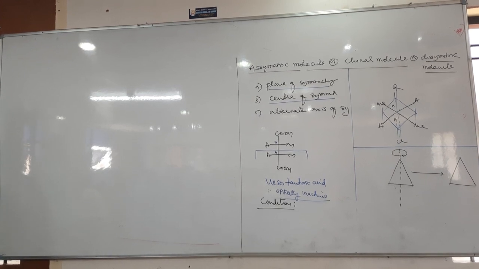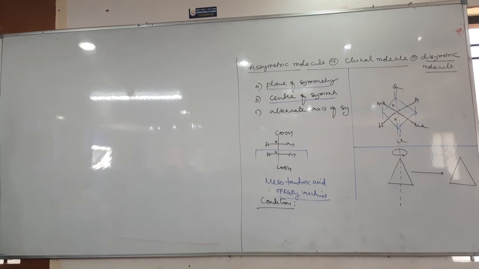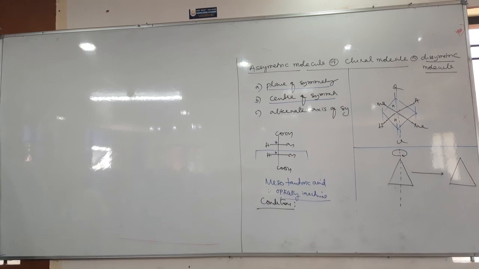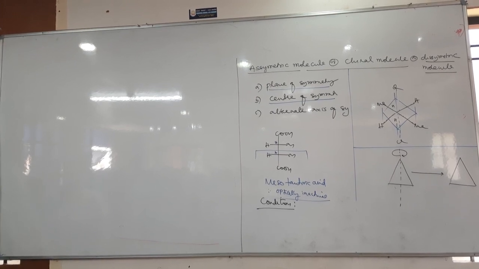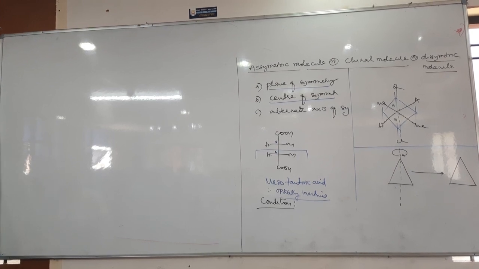Next, alternating axis of symmetry. A molecule is said to have an alternating axis of symmetry if the molecule is rotated through an imaginary axis by 360 degrees and it gives identical structures.